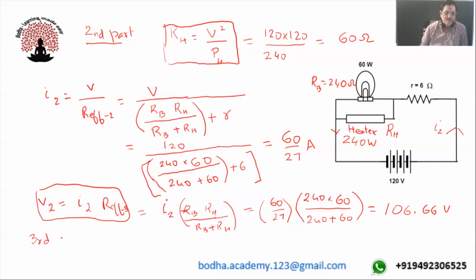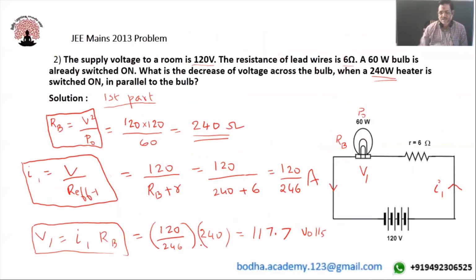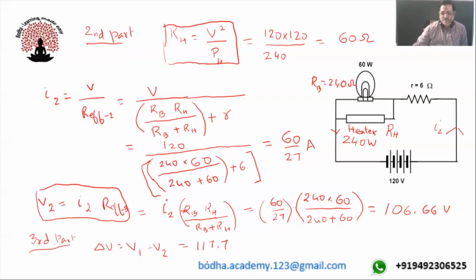So last part. Decrease in voltage is equal to initial voltage minus final voltage. The initial voltage of the bulb we got as 117.7 volts, and the final voltage we got as 106.66.